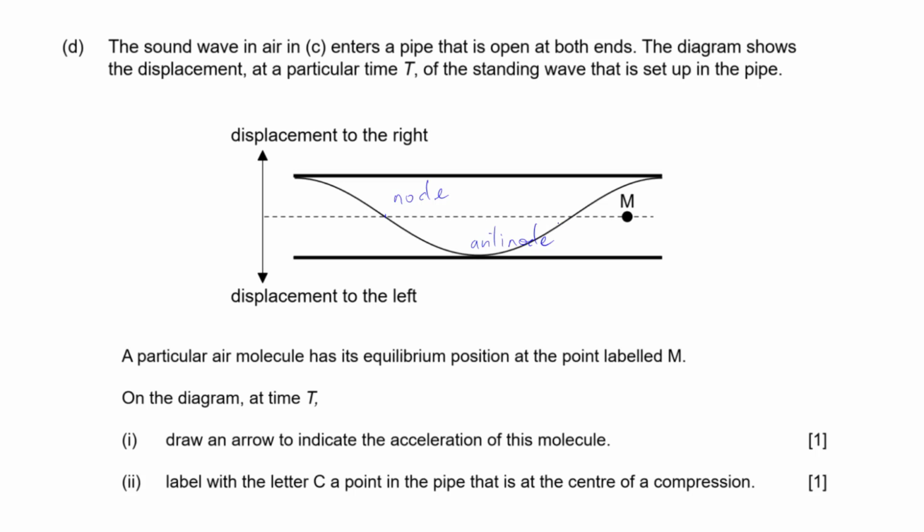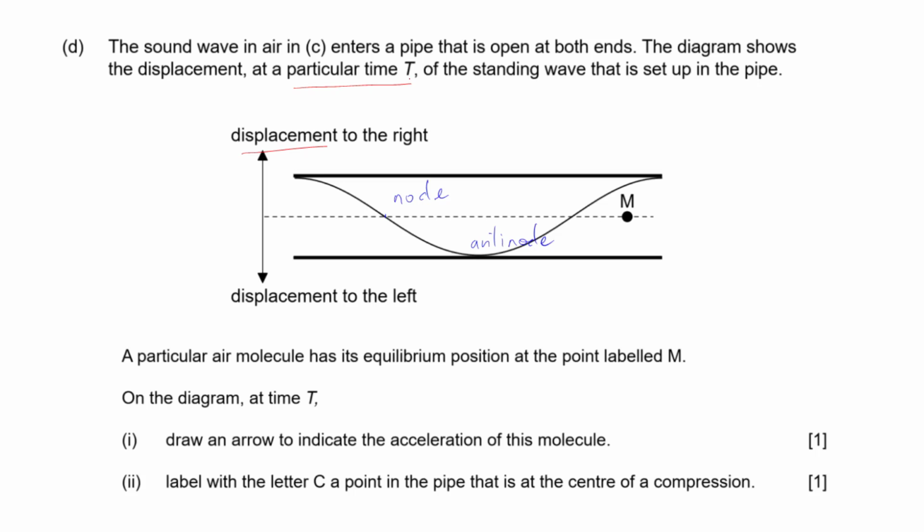The first thing you have to know very carefully about this question is the meaning of this diagram. It is the displacement of the molecules. So this is at an instant, at a certain time, a particular time t.